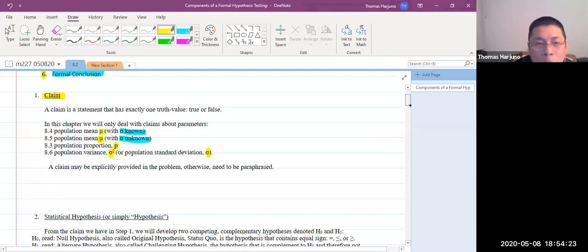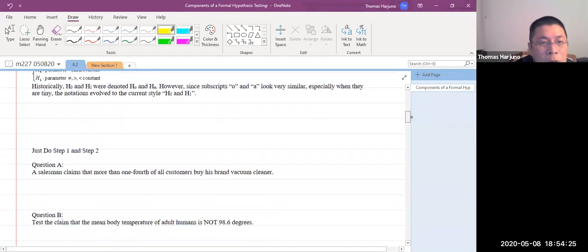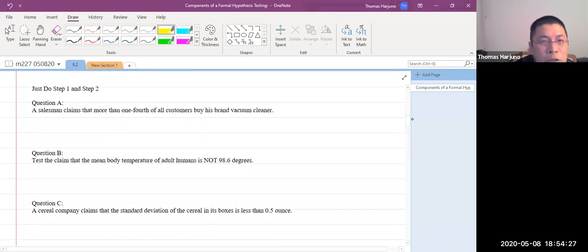Maybe we will work on the following examples later on, but let me just show you this for now. For example, question A here: a salesman claimed more than 1/4 of all customers buy his brand of vacuum cleaner. So what's the claim? It's clear right away. The claim is more than 1/4 of all customers buy his brand of vacuum cleaner.